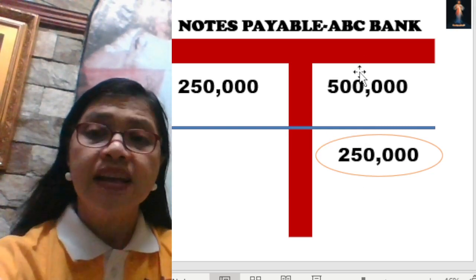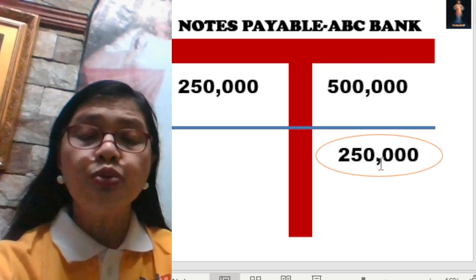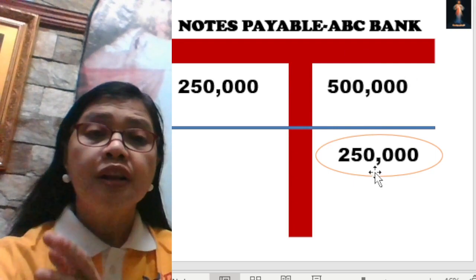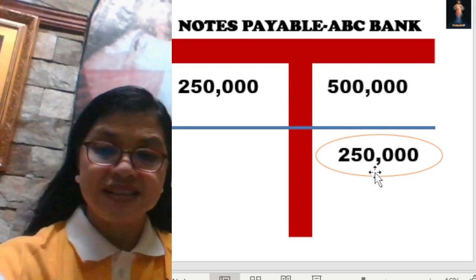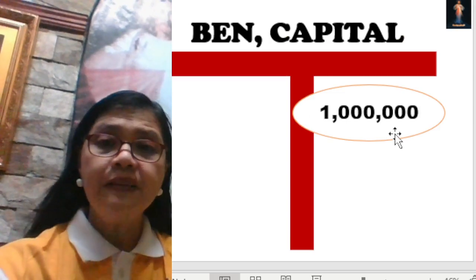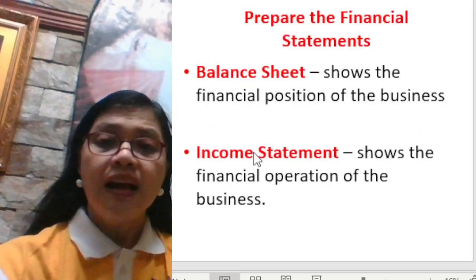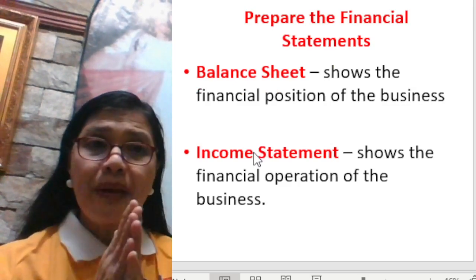In this case, credit side has the higher value, so 250 is your notes payable balance. Okay, Ben capital is 1 million. Okay, next, Ben drawing 50,000.